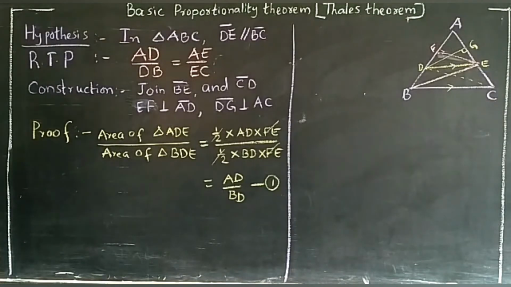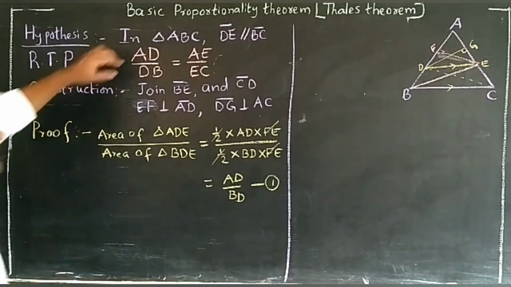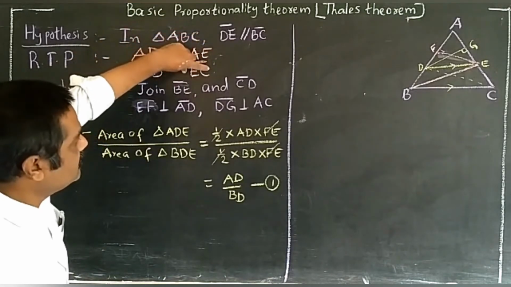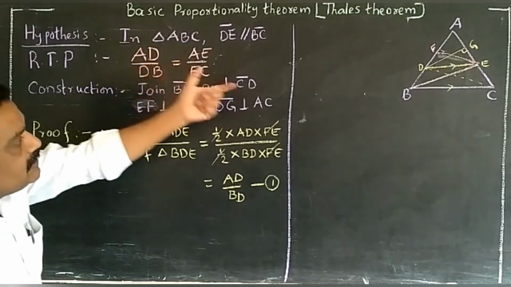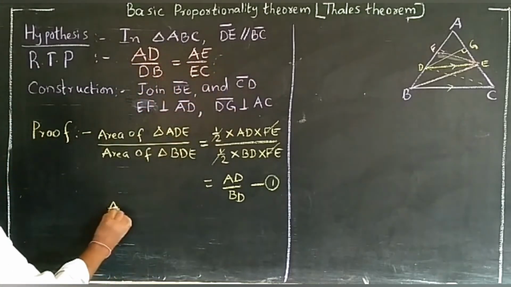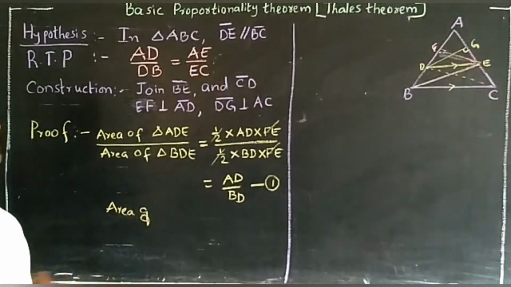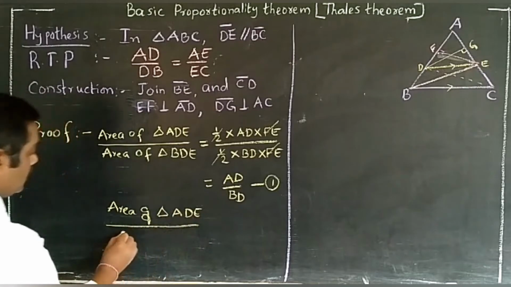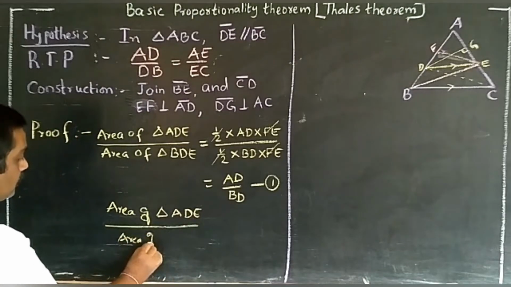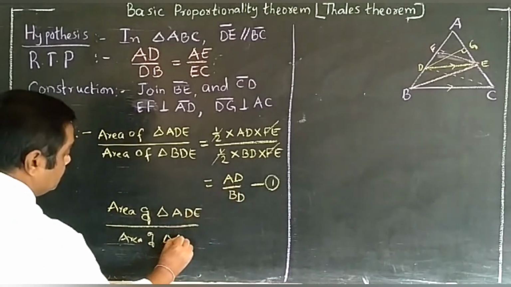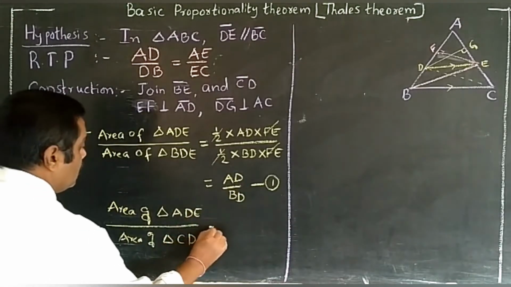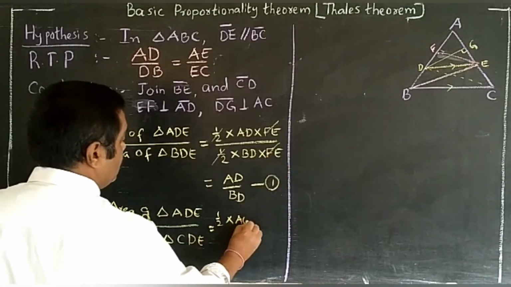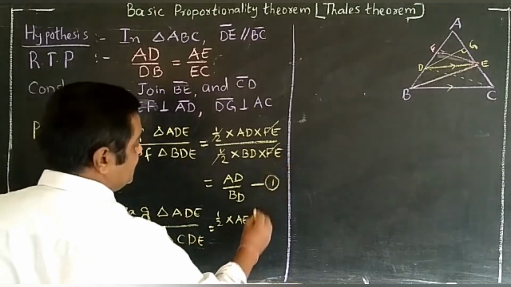And next we again compare the triangle which is on AE, the triangle which is on EC. On AE the triangle is ADE, so area of triangle ADE by area of triangle CDE. Here also half into base AE and the perpendicular height is GD.